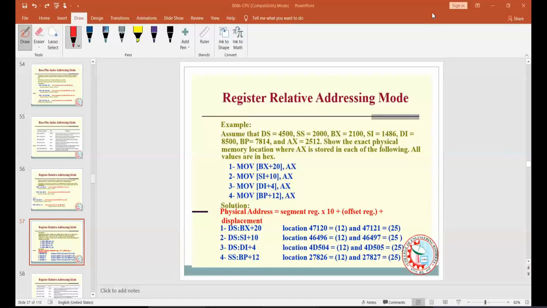A particular linear address can be calculated in a number of ways. So we need to focus only on getting the answer. There are tricks to start from finding the answer, so that we can eliminate which one is wrong. Okay, sir.